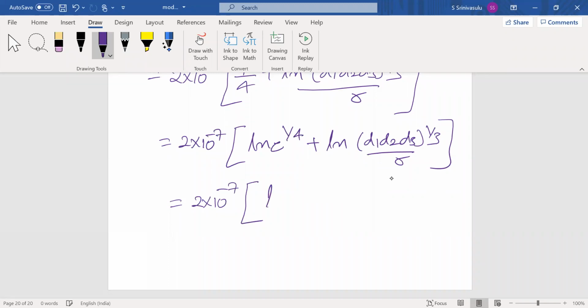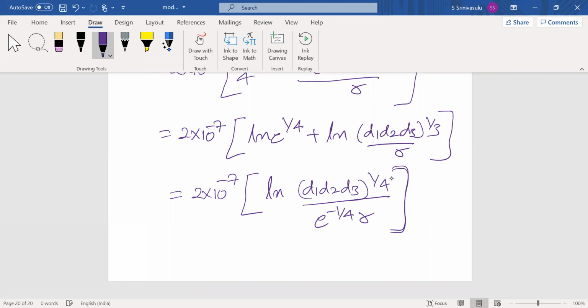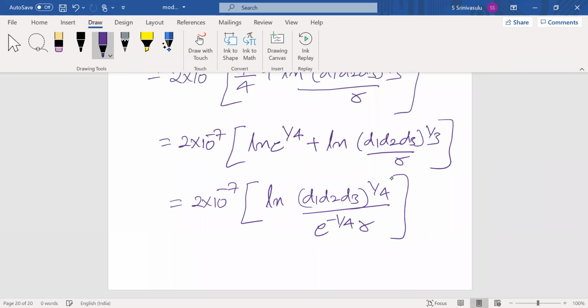Finally we get ln of d1, d2, d3 whole power 1 by 3 into e power minus 1 by 4 into r. Here I can simply write 2 into 10 power minus 7 ln of d1, d2, d3 whole power 1 by 3 by r dash.